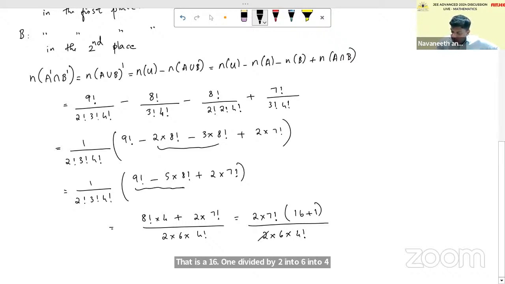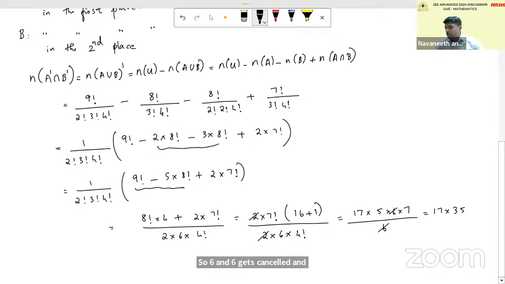This is just calculations. So 2 gets cancelled, and we'll finally get 17 into 7 factorial divided by 4 factorial. So we write that as 5, 6, 7 divided by 6. So 6 and 6 get cancelled, and finally we'll be down to 17 into 35, which upon doing the calculations, 17 into 35.